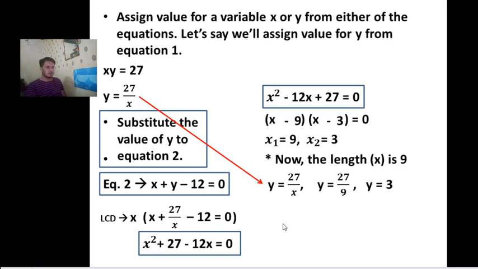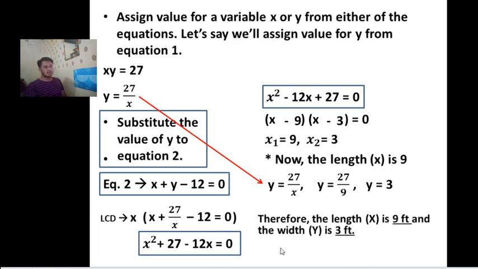So now, our final answer is, therefore, the length x is 9 feet and the width y is 3 feet. If we're going to check, 9 feet times 3 feet, the answer is 27 square feet.